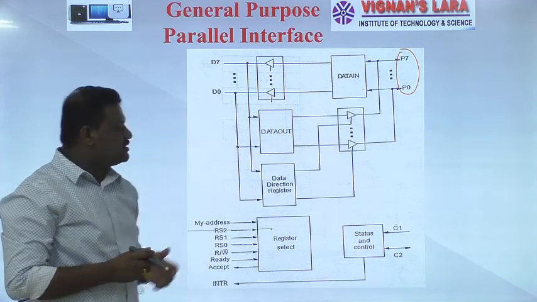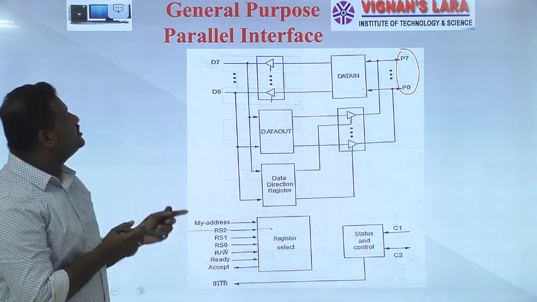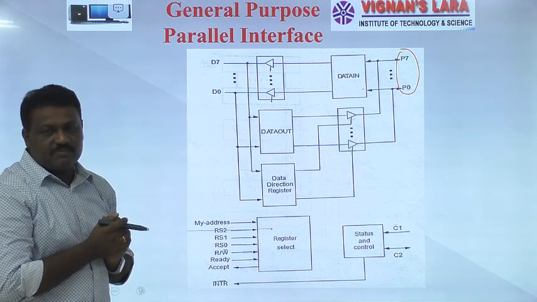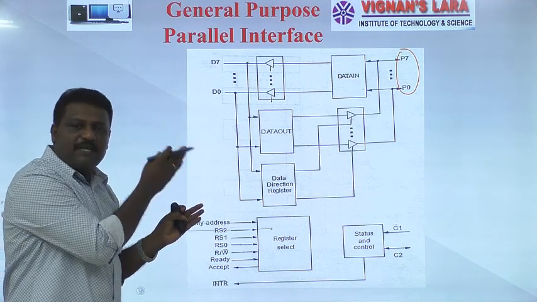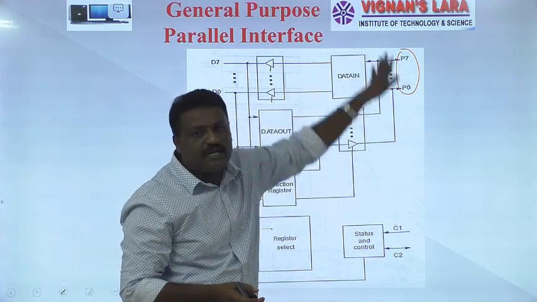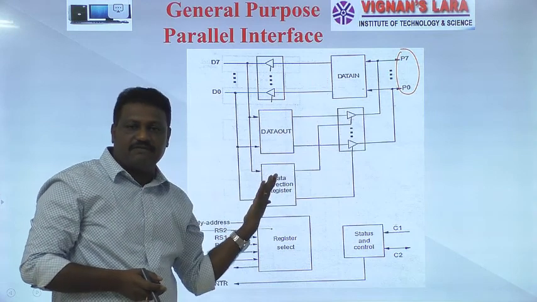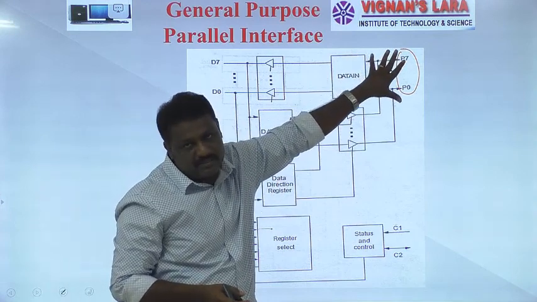So we can discuss something regarding this particular interface circuit, which is our general purpose parallel interface. The difference between this and the previous one is, in the previous one we have 2 separate data lines between the I/O devices and your I/O interface. But now we are using common signals.